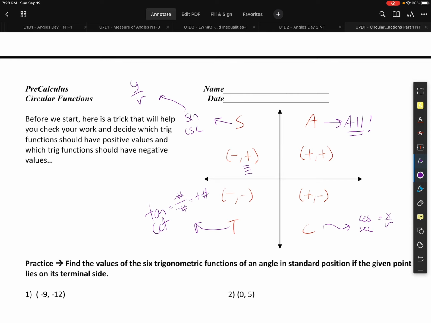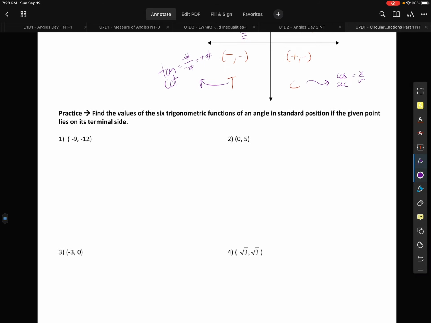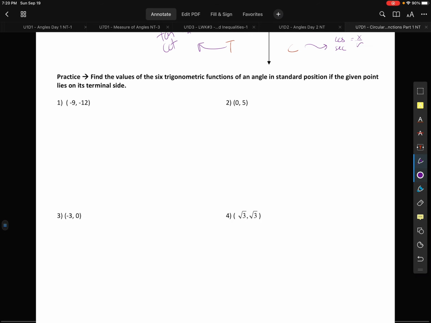All right, so I'm going to put this all to work. I'm going to do 2 examples right now. If we think about our first setup, a lot of people like drawing the triangles, which is fine. There's nothing wrong with that. So there we have -9, -12. There's my right triangle, there's my setup.